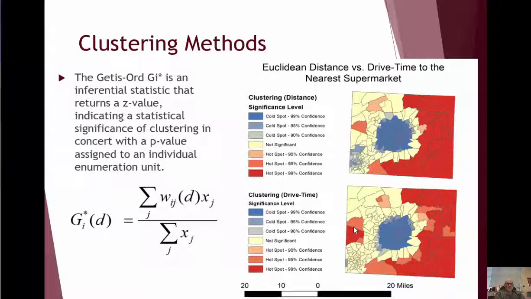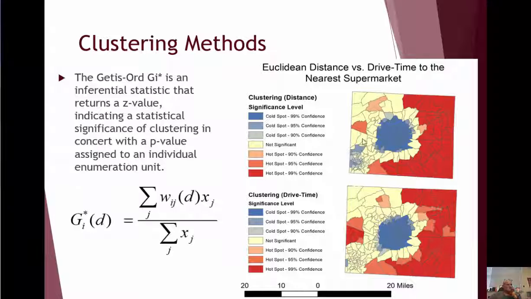The other thing that we can look at is what we call clustering. We can run hot spots and cold spots. So this is a hot spot on the Euclidean distance. This is a hot spot on the drive time. Are these different? I can definitely see some areas over here where they're slightly different, where we have hot spots that exist, cold spots over here that don't exist.